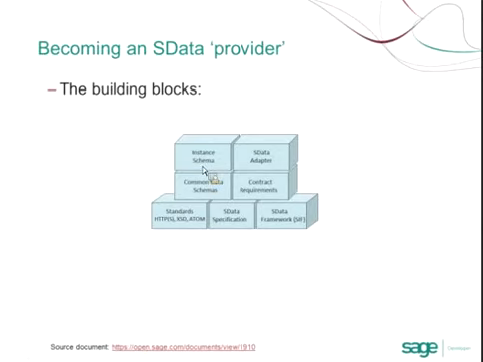But in principle, what we have is the foundations of the provider capability, and that is the SData specification itself, the standards such as HTTP, XSD, and Atom that it uses, and an implementation of SData called the SData framework. This is what's going to be used today to highlight how you write a provider, and this framework is based on C#.